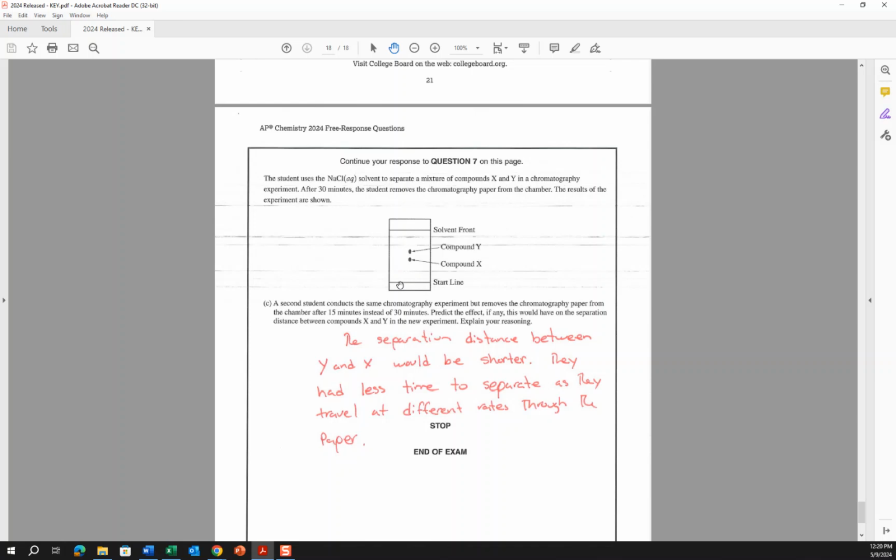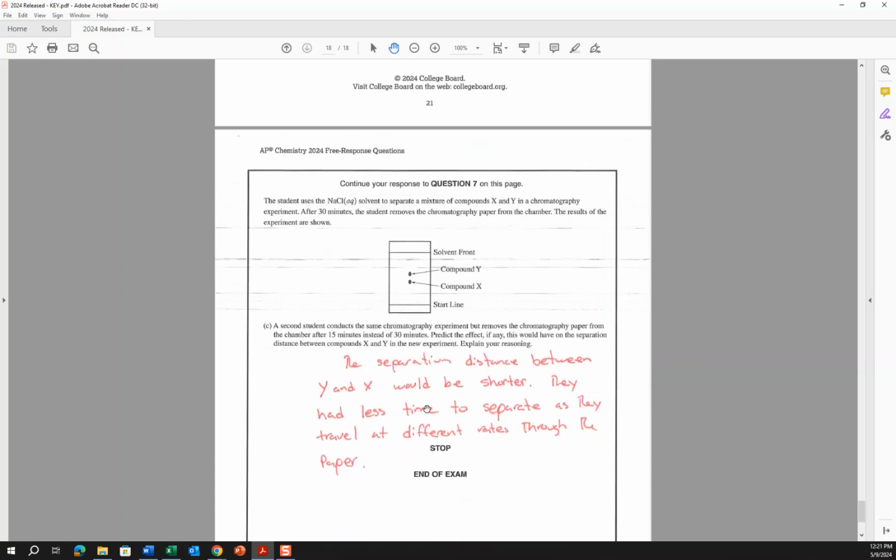If you gave them less time, they would be closer together when you stopped. So the separation distance should be shorter if you did it for 15 minutes instead of 30 minutes because they had less time to separate. So anyway, even if you really didn't know much about chromatography, pretty easy question to answer.